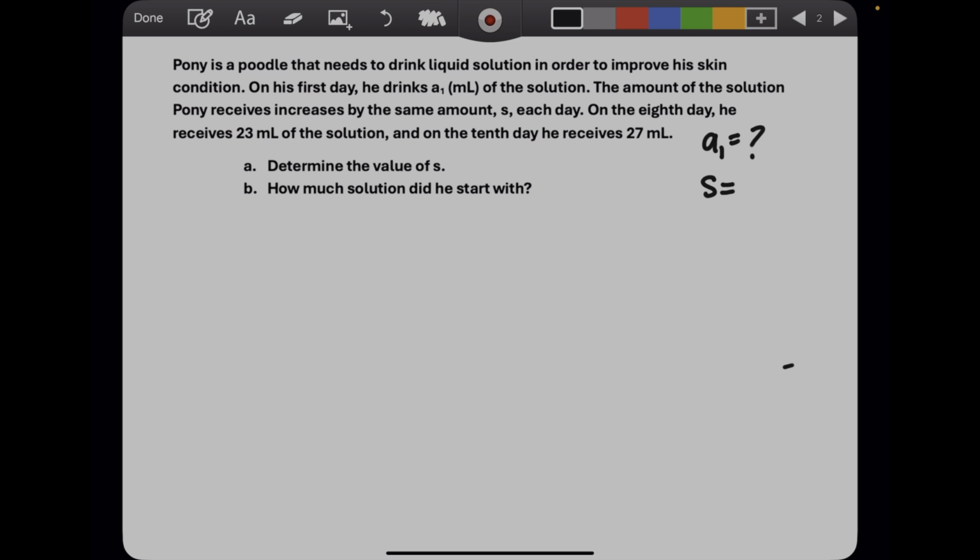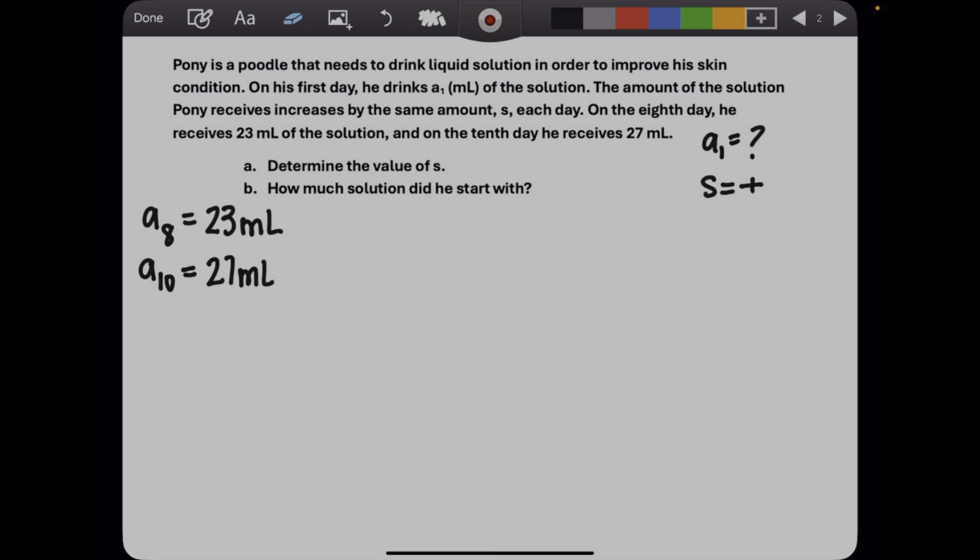It tells us that the solution amount increases, so we know we're adding the same value each day. We also know how much he drank on the 8th day, which is 23 milliliters, and on the 10th day, which is 27 milliliters.